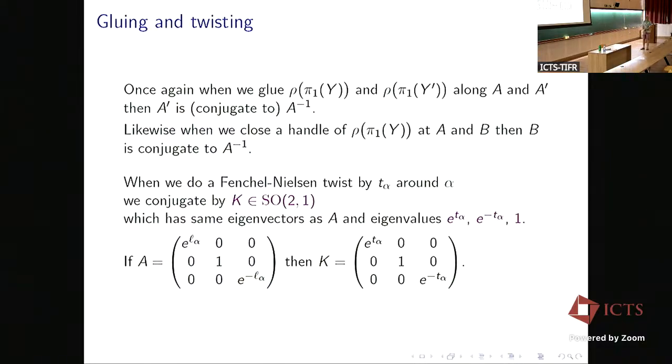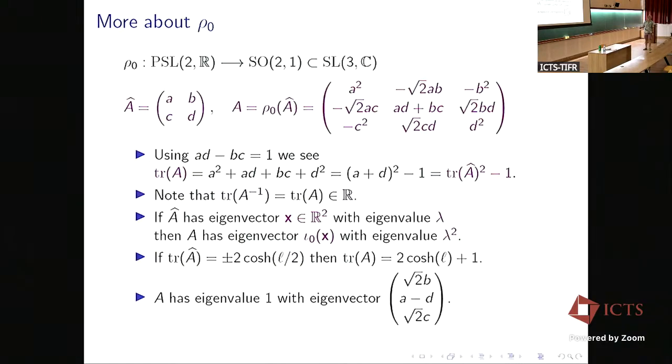So now let's think about what happens when we do a Fenchel-Nielsen twist. You can see what I did on the board over there; I was just preempting this. If we come back to this, you can see that if A hat is diagonal, if B and C are 0, then A is diagonal.